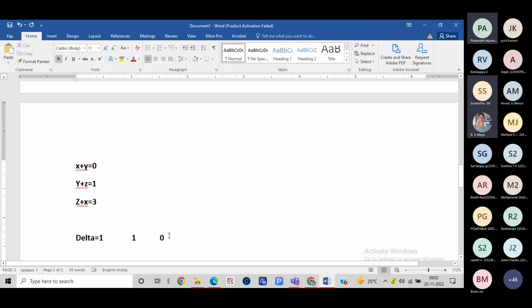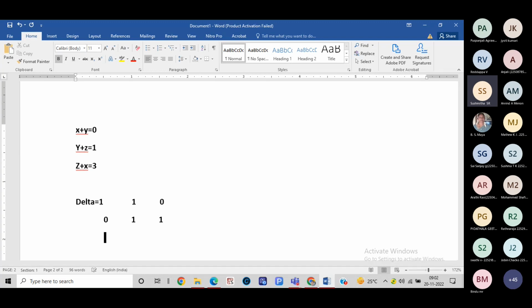Clear? What about the next line? What is the x component now? 0. Okay. What about the y component? That is also 1. What about this? 1.